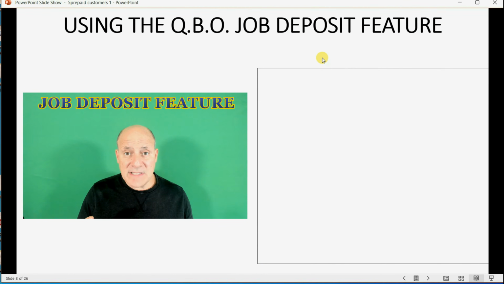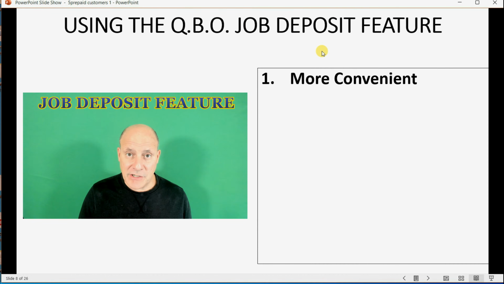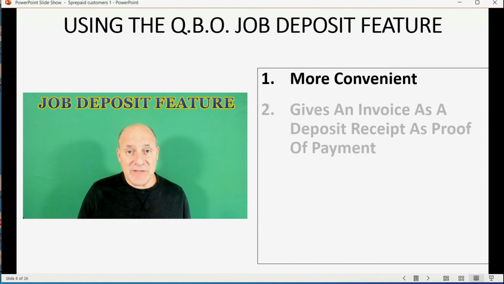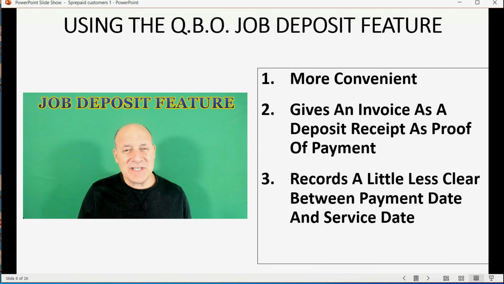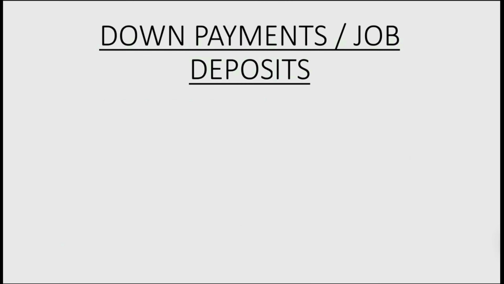Now, the QuickBooks Online Job Deposit feature is more convenient to use than the other method. It even gives an invoice as a proof of payment receipt for the upfront down payment. However, it makes your records a little bit less accurate between the moment you got paid and the moment you deliver the service.